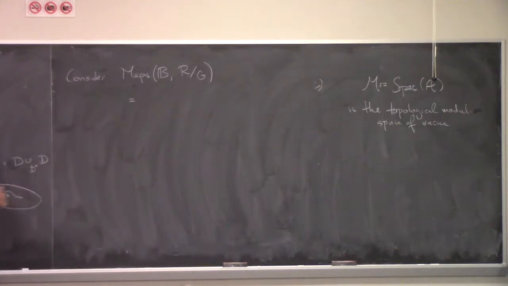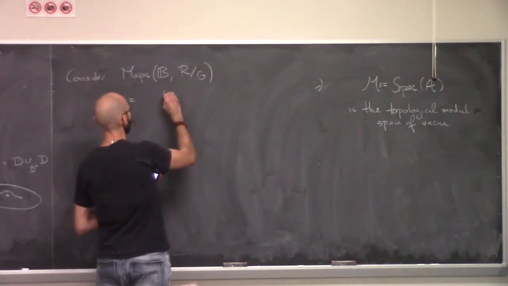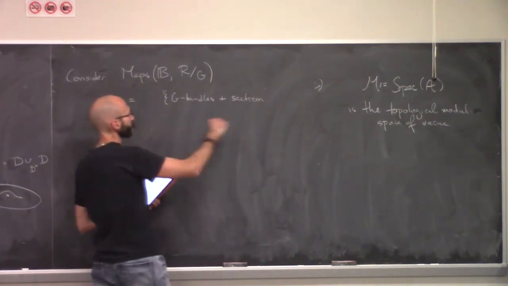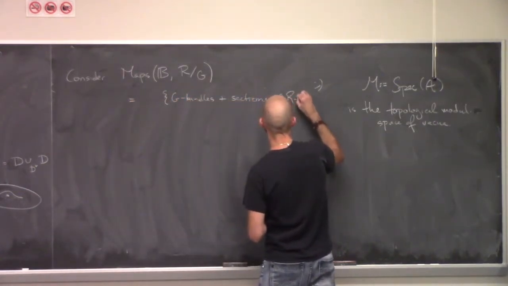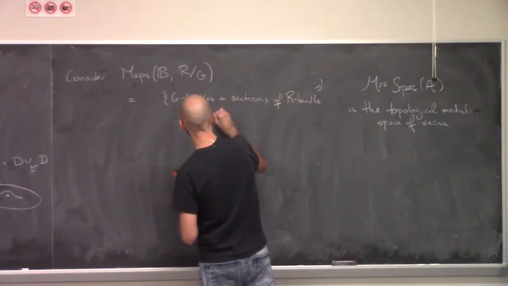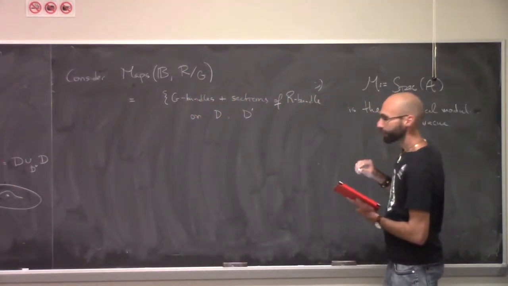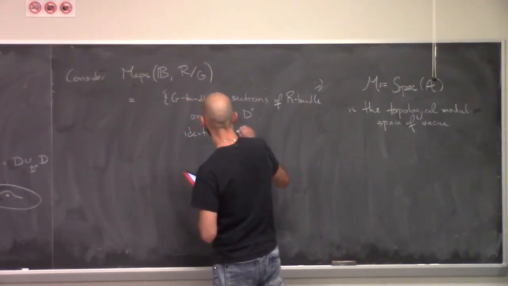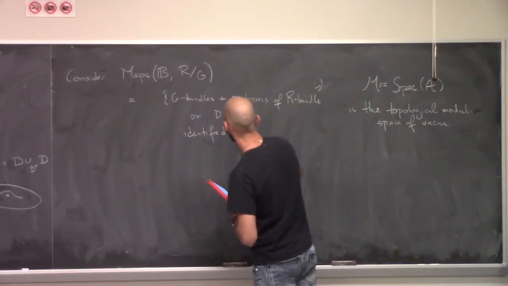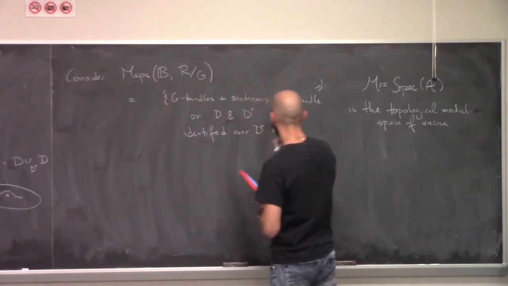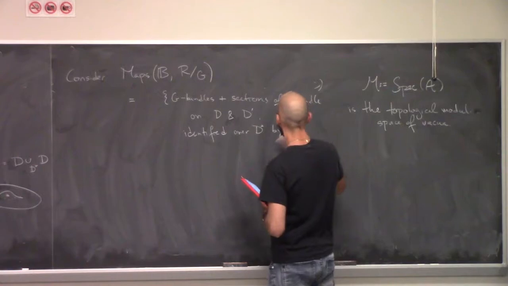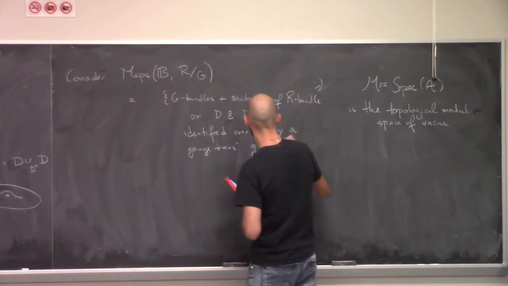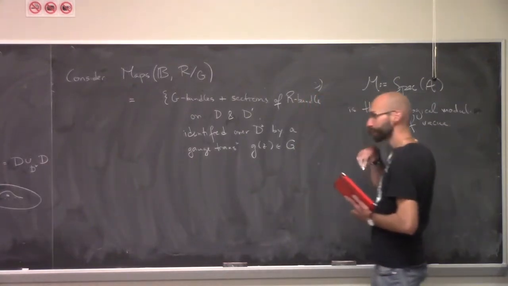So what do maps from the double disk into R mod G mean? This is G bundles and algebraic sections of an associated R bundle on two disks identified over the punctured disk by a singular gauge transformation, by a gauge transformation that lives in the algebraic loop group.